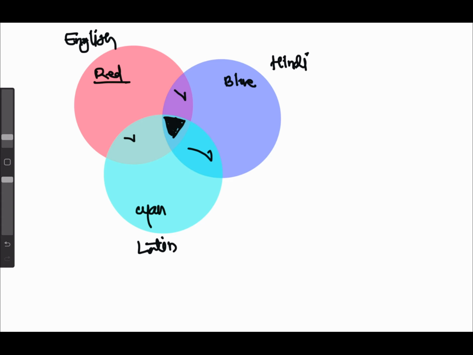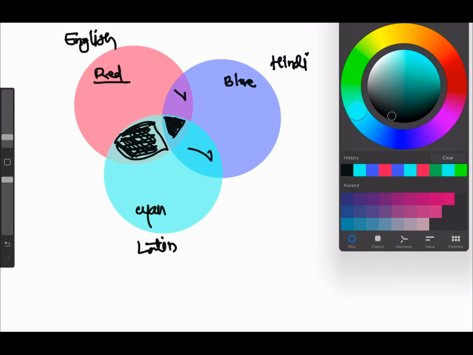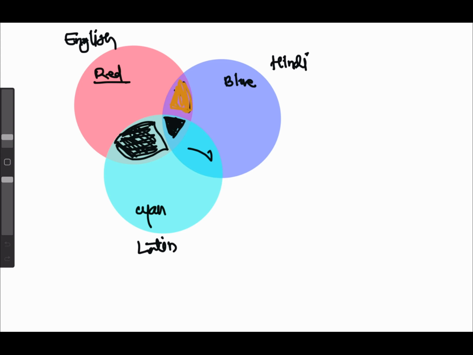You can say that there are a certain number of people here who speak both Latin and English, correct? And in this part, you can say that certain people speak English and Hindi.